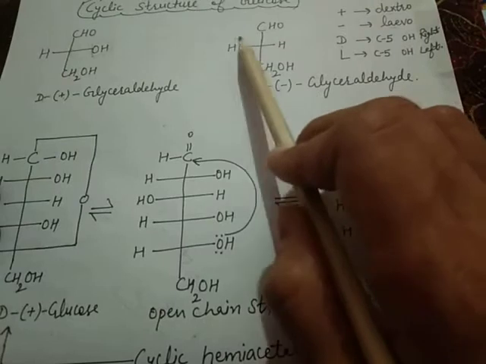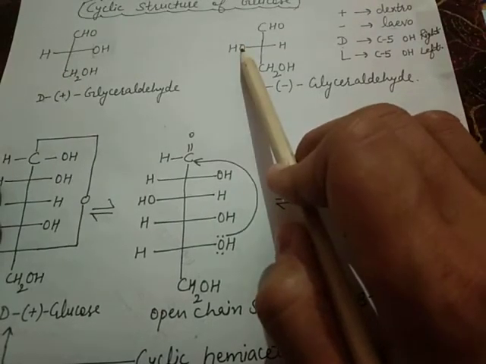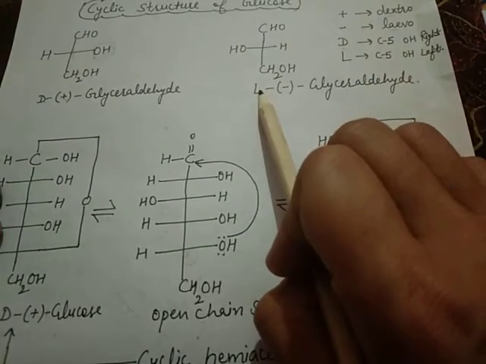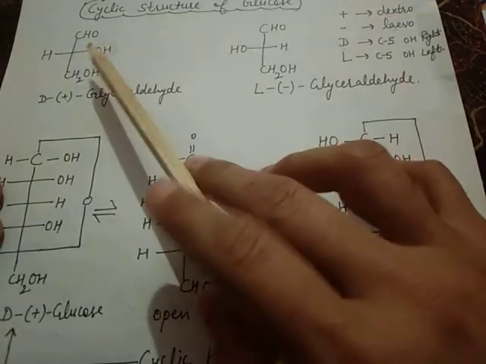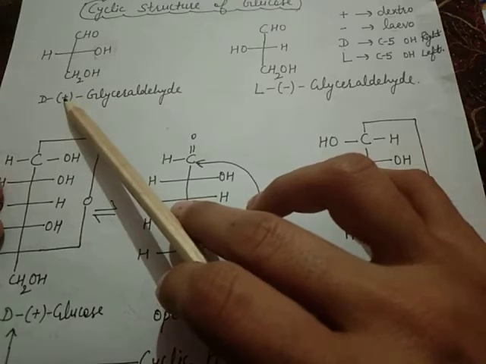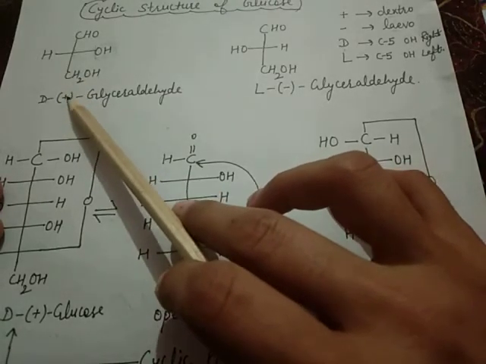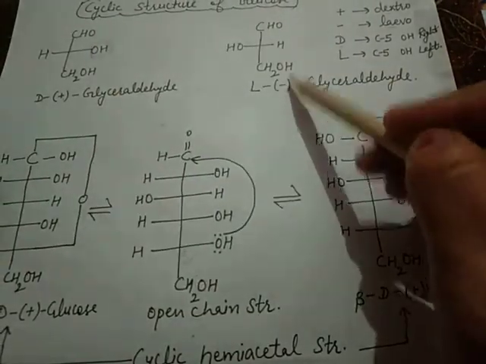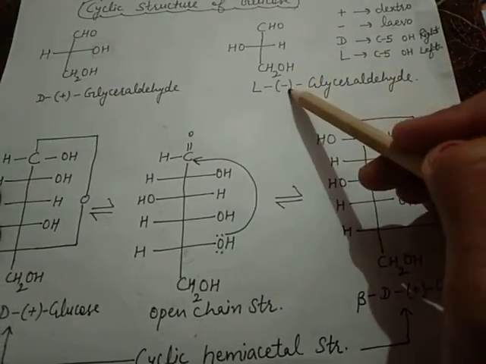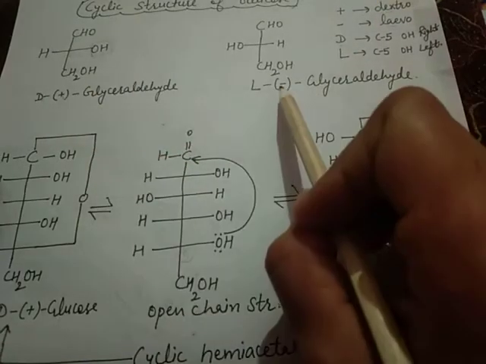And if the OH group is attached on the left hand side, it will form L configuration. Positive sign means rotating the plane of polarized light towards the right. Negative means rotating the plane of polarized light towards the left. That means dextro and laevo forms.